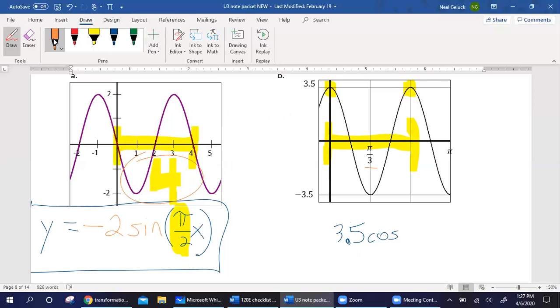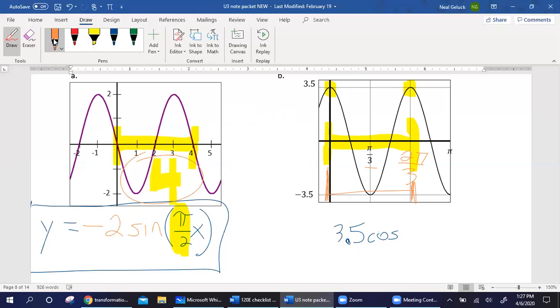Now be careful, those aren't the normal every 4 increment thing. That's just saying the increments that I decided to show you are every pi over 3, which means this ends at 2 pi over 3. So the period, the distance from here to here, is 2 pi over 3.